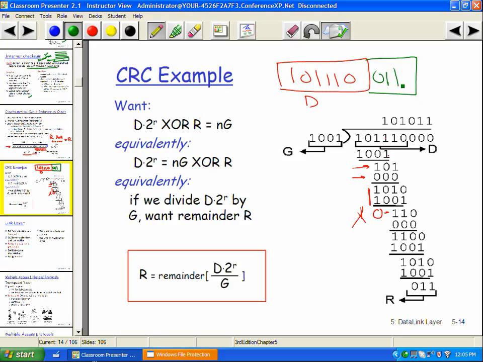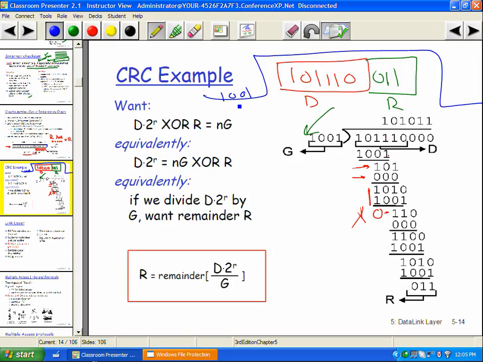Okay, and when you reach the other side, the other side does something very simple. It already knows G. So it takes that G and divides this. The G is again 1, 0, 0, 1, and sees if there is a remainder or not. So try to check this. The way you check it is that the final thing you get should be completely divisible by 1, 0, 0, 1.